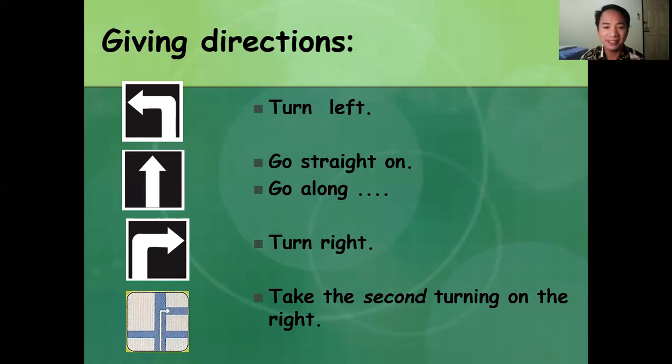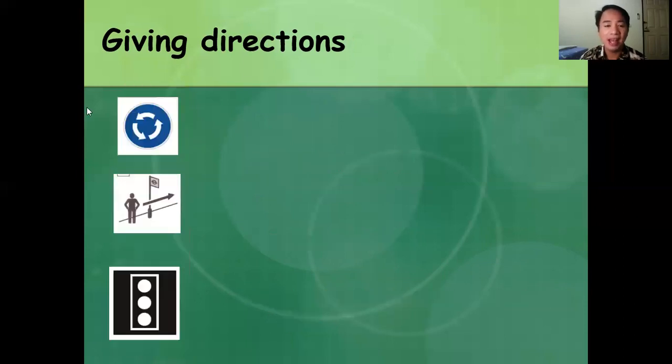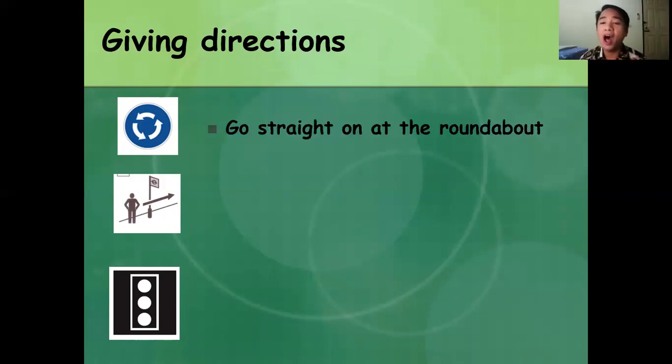Good. How about this sign? From the sign, it indicates roundabout. Go straight on at the roundabout. So this is what you call roundabout. How about this one? This photo, what is this?